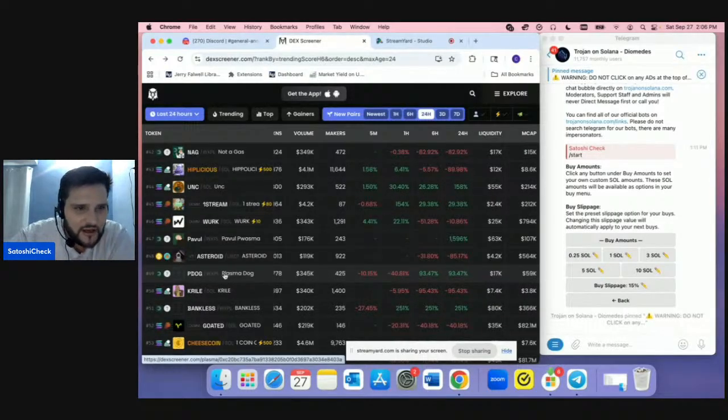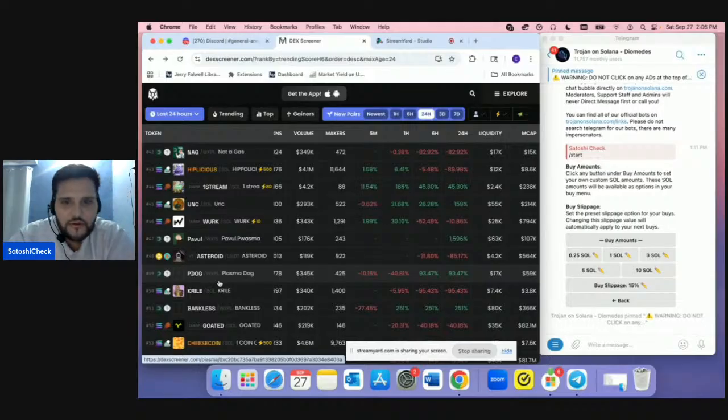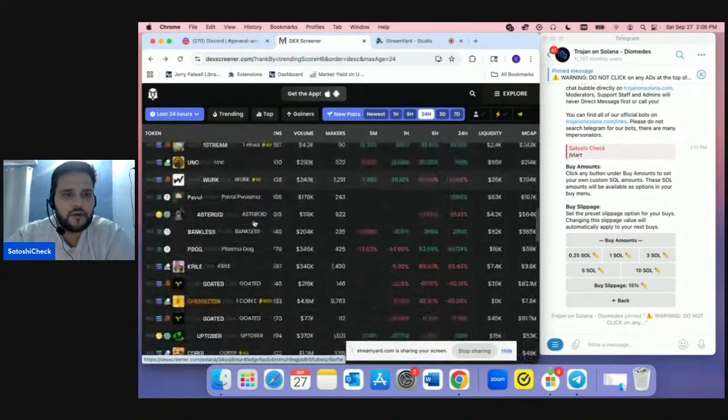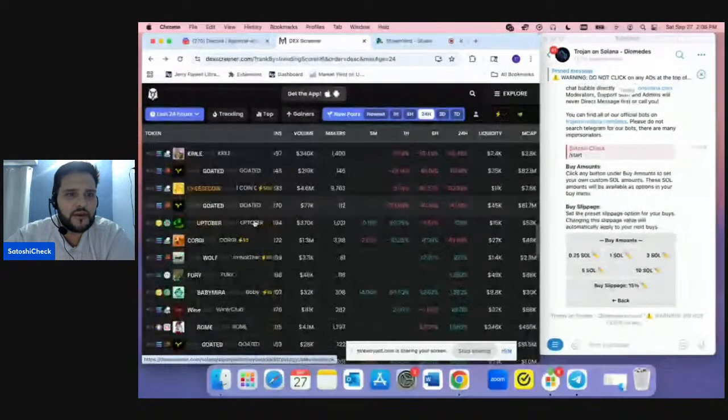XPL, wow, they came out bumping on it, didn't they? That's a Plasma play. That's pretty cool. They're bumping already. Plasma plays, wow. So these are betas for Plasma. That's not Sol, but yeah, anyways, this is Dex Screener in a nutshell.